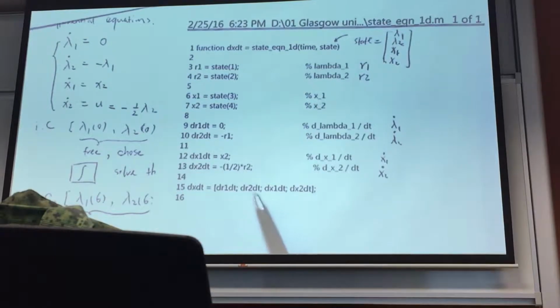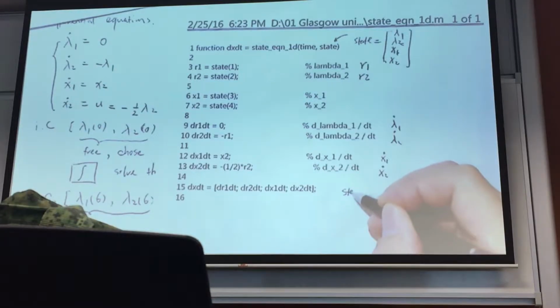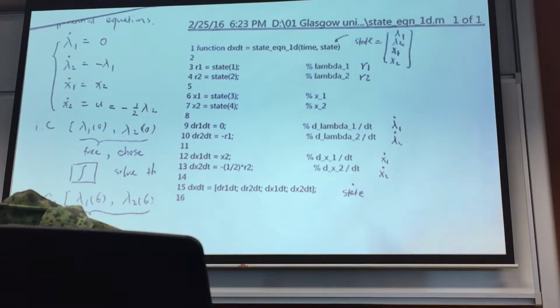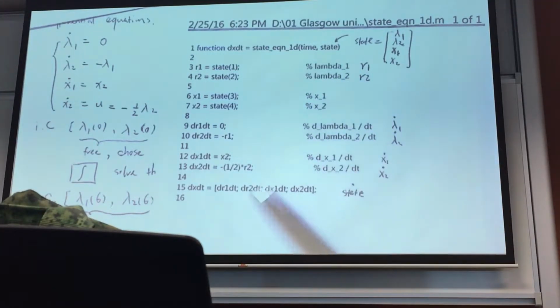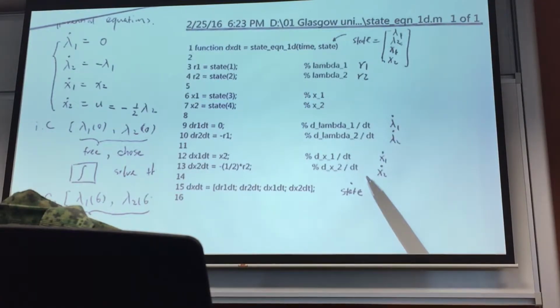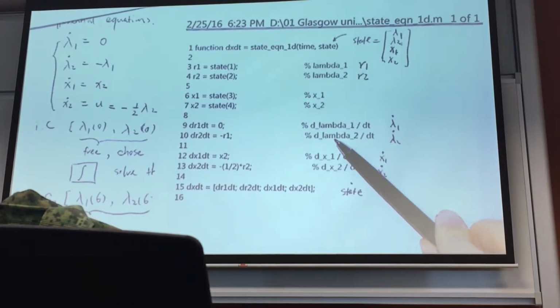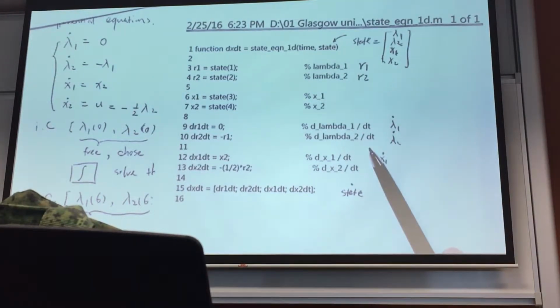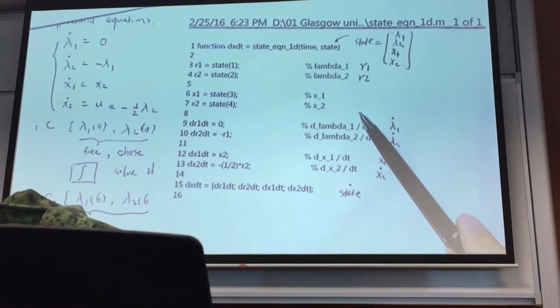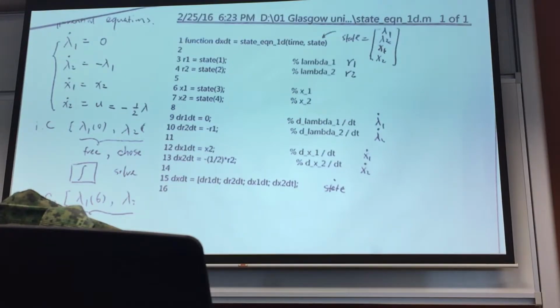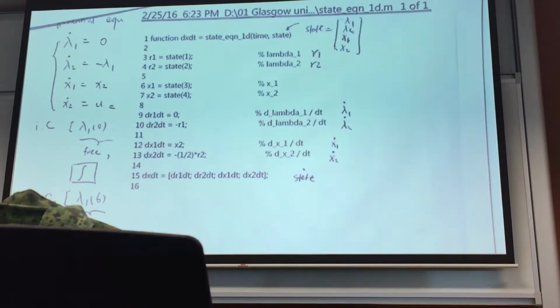After that we return the state dot. So the input variable is the state and the output is the state dot. This is the definition of the differential equation. You should be very clear about this because you already used it in your first assignment. So this is the first function to define the differential equation.